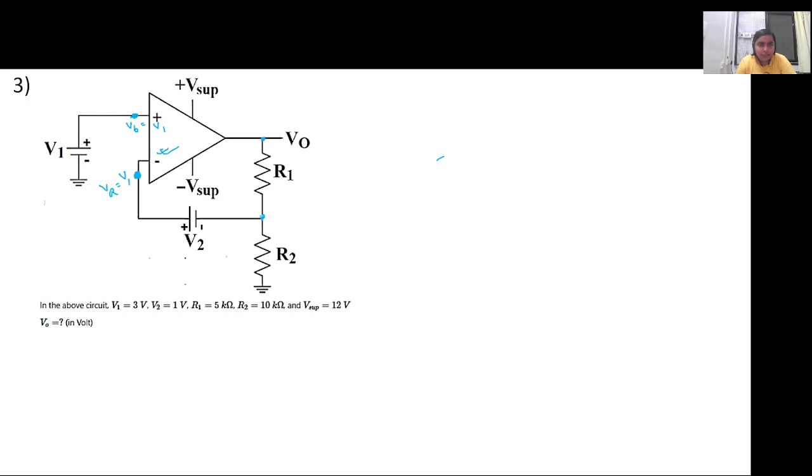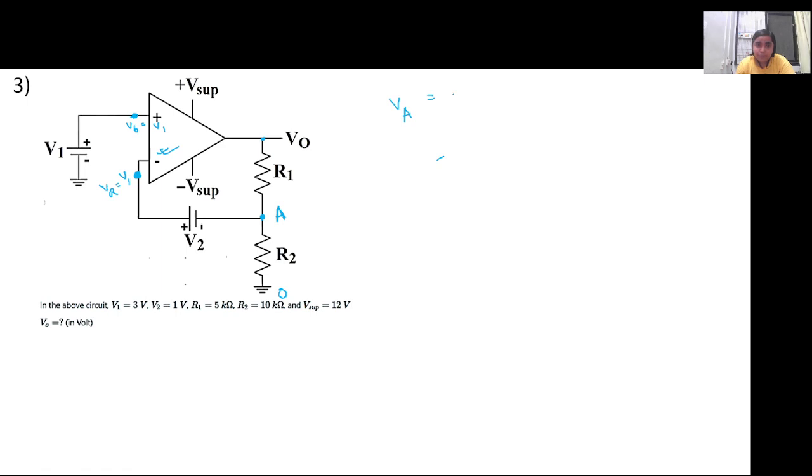Now we will apply KCL at this particular point. Can you tell me the equation? First I find the node voltage here, then I can relate it to V naught. Here it is ground, so it is 0. Can anyone tell me what the node voltage at VA will be?